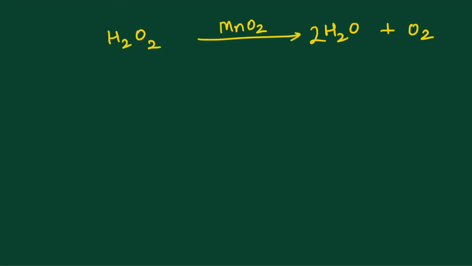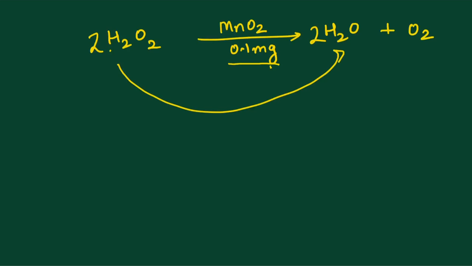So when we talk about using manganese(IV) oxide as a catalyst, let's suppose I start with 0.1 mg of manganese(IV) oxide to catalyze the breaking down of hydrogen peroxide. At the end of the reaction, I will get the same amount of manganese(IV) oxide back, although the rate of the reaction would have increased, right?